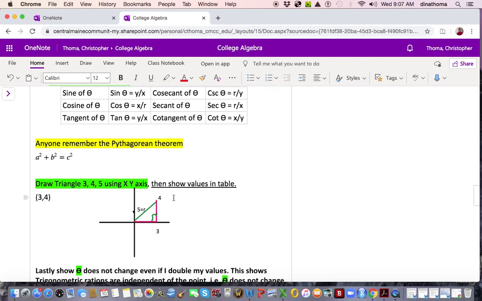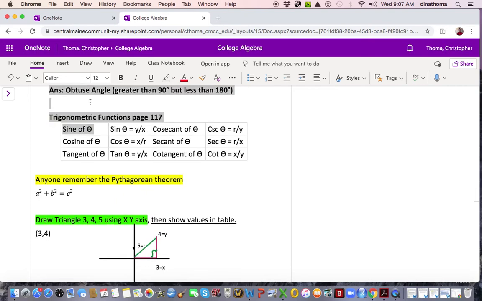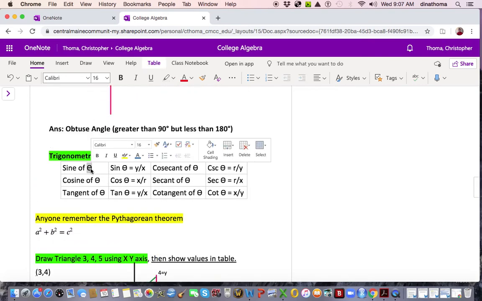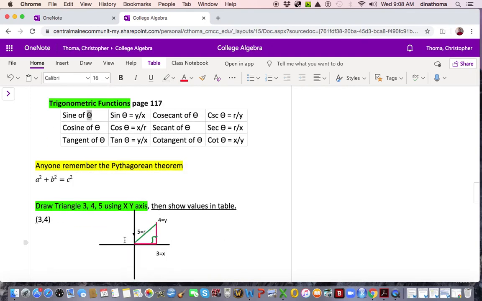This 4 is equal to our y, and this 3 is equal to our x, right? So now if we use the table, if I want to find, and again we need our theta, so let me copy this.